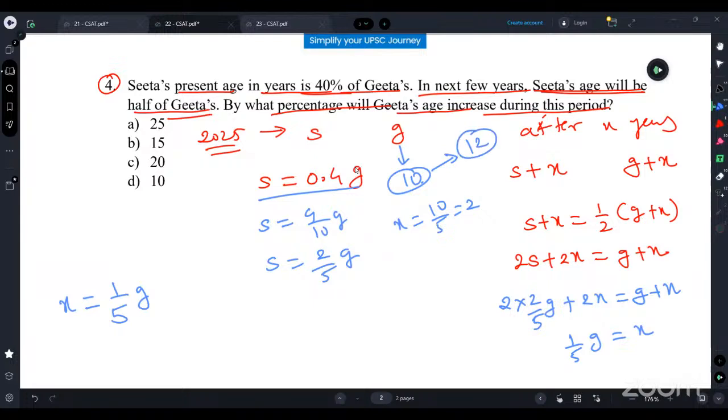Now it is 12. So it means that we are proceeding by 20% only, right? 1 by 5 represents basically 20%. So during this period, by how much percentage is Geeta's age increasing? Only by 20%, right? So option C is the correct answer, right?